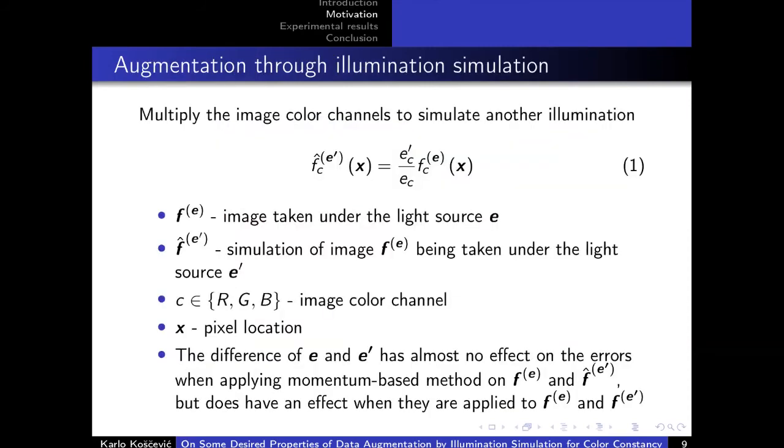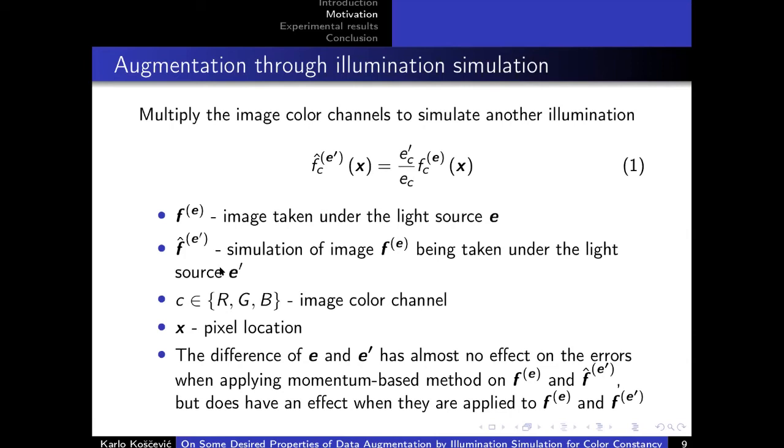First of all, let me describe what this augmentation is that I mentioned. We call this augmentation through illumination simulation. Basically, if we have an original image f of E, which is taken under the light source E, with this augmentation we want to simulate that image being taken under some different light source E dash.